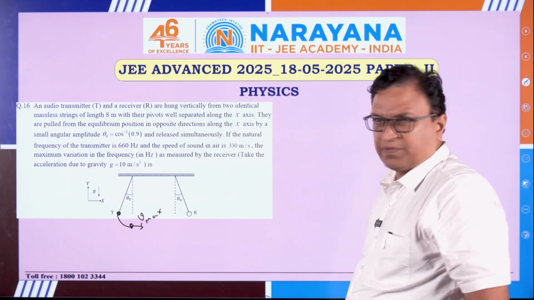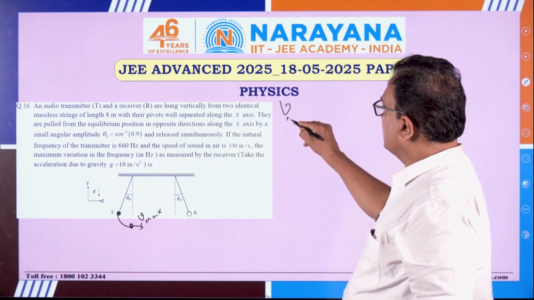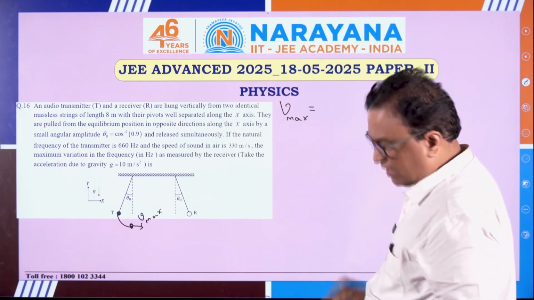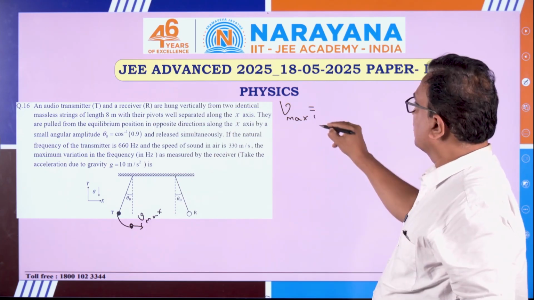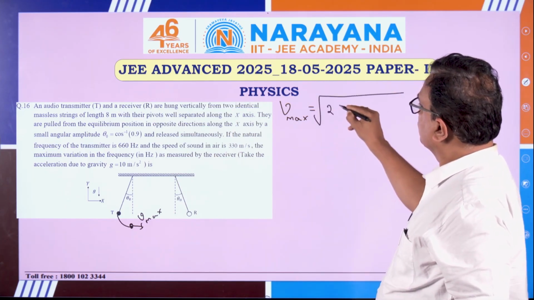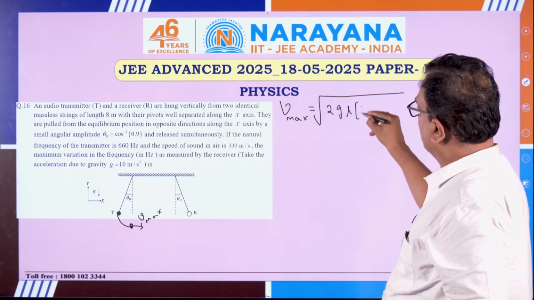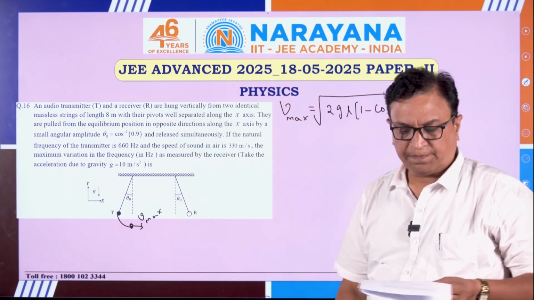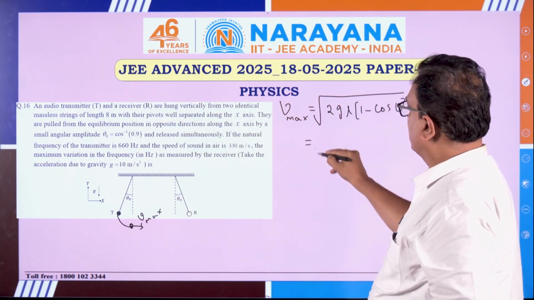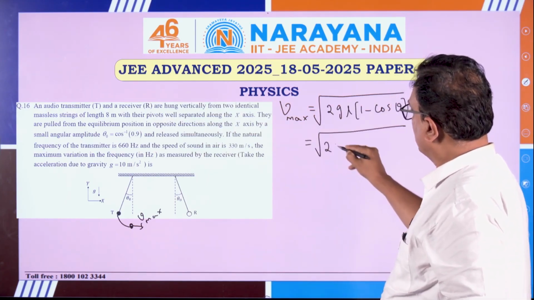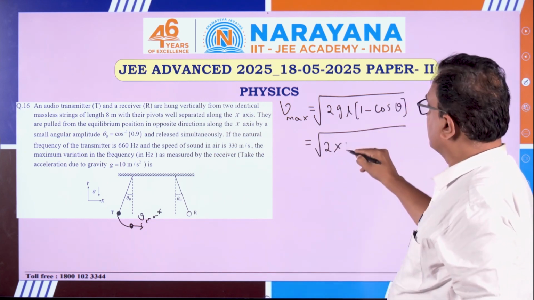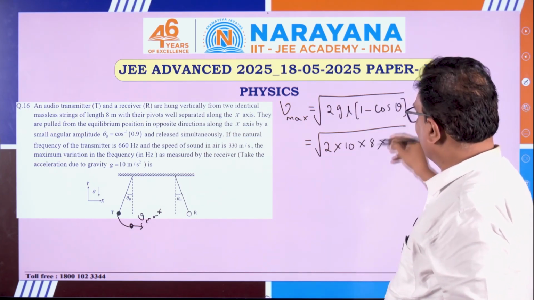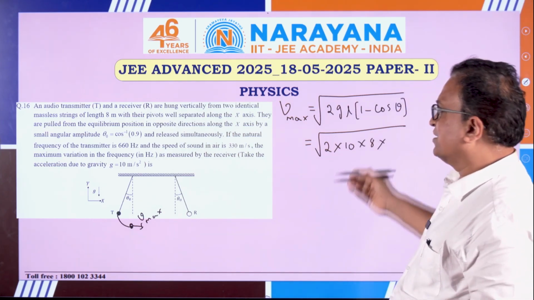That maximum velocity you can write as under root 2GL times 1 minus cos theta, which is under root 2 into 10 into 8 into 1 minus cos theta.